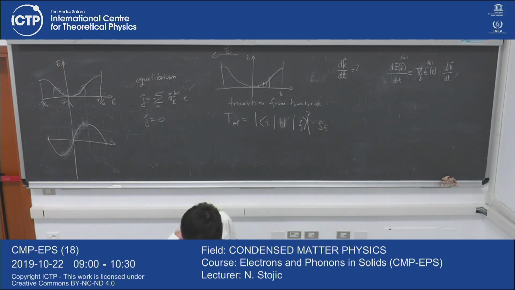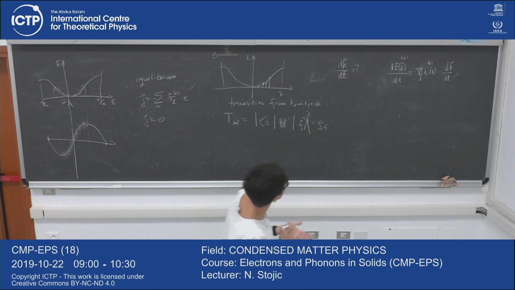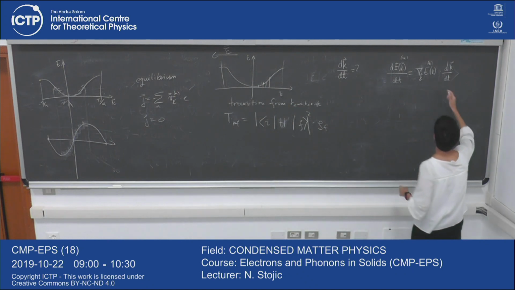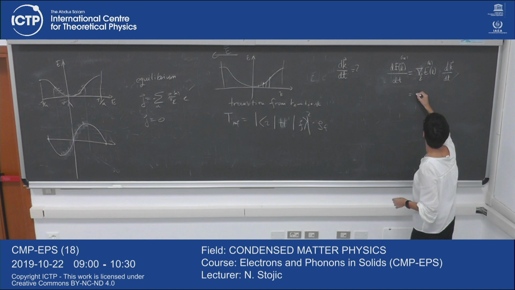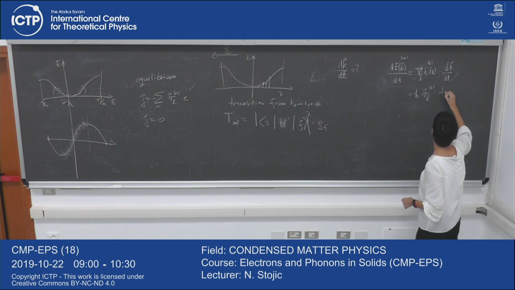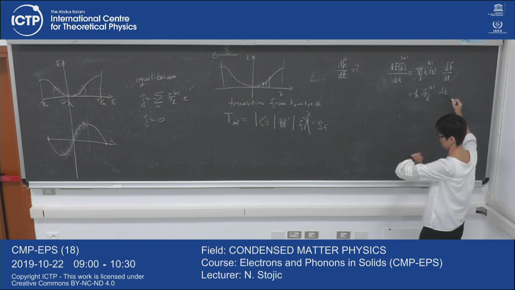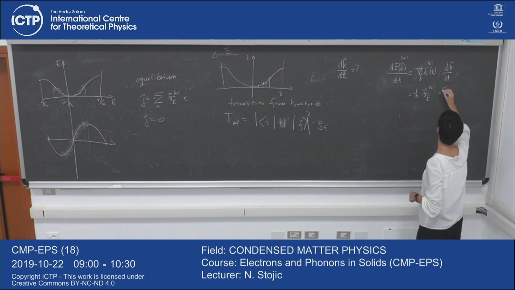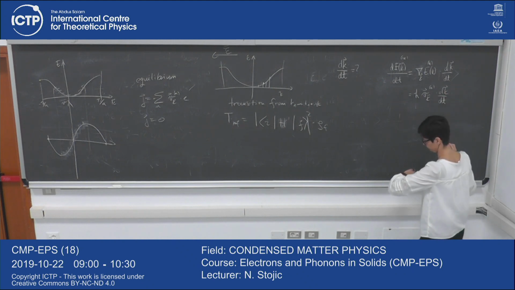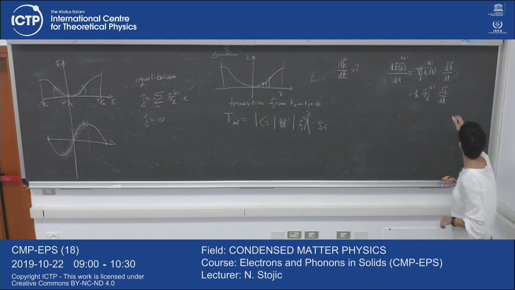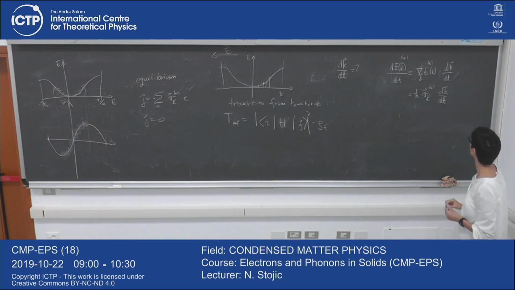There are no factors, I think. So I will express this as h times the velocity times dk over dt.